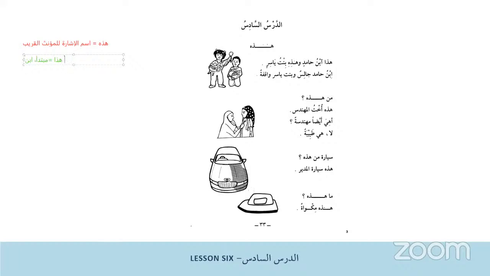So ibnu equals mudaf, and that leaves us with Hamid, which equals mudaf ilayh. What does that mudaf ilayh become? I.e. Ibn Hamid. Any idea what that becomes? Khabar. Very good. Okay. MashaAllah, you're alert, very alert today.